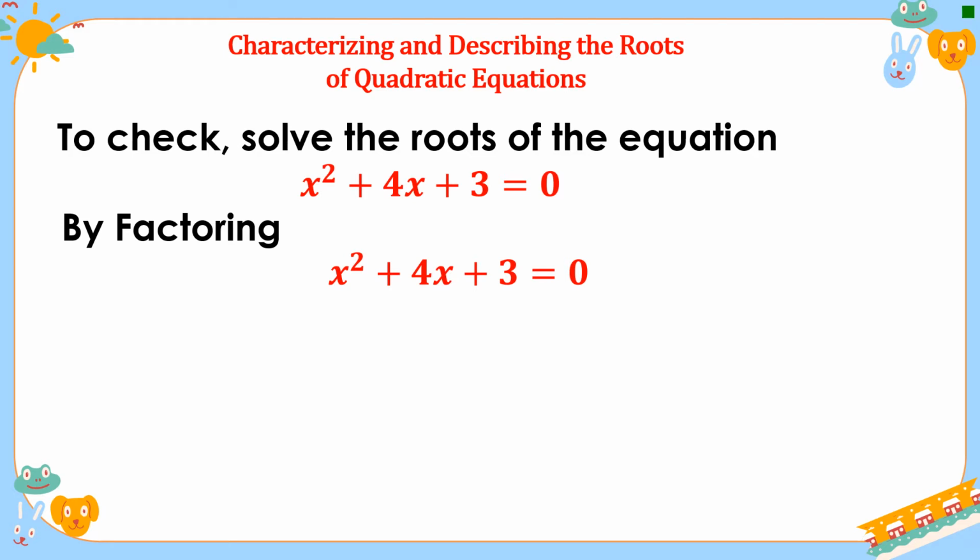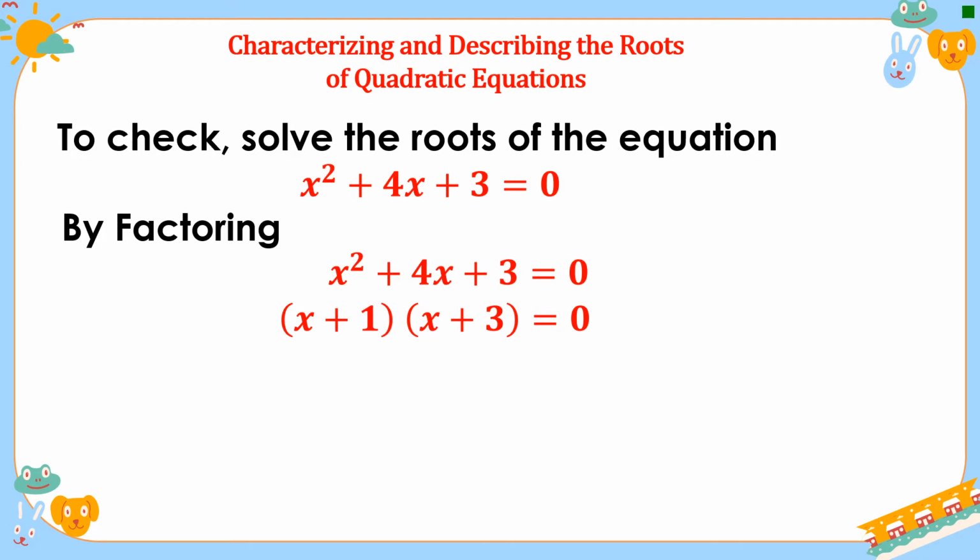x squared plus 4x plus 3 equals 0. First step, make sure that the left side of the equation is in standard form. Then, second step, factor the left side of the equation. The factor of x squared plus 4x plus 3 is equal to x plus 1 times x plus 3.